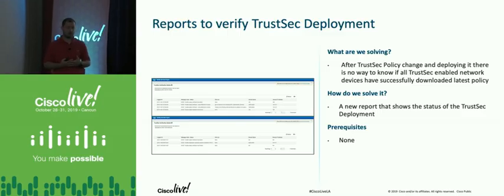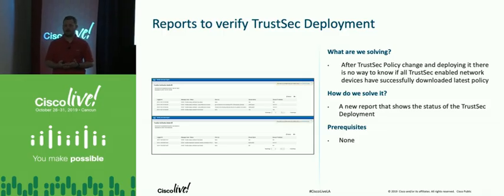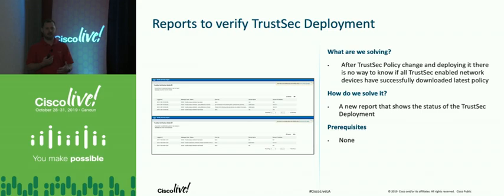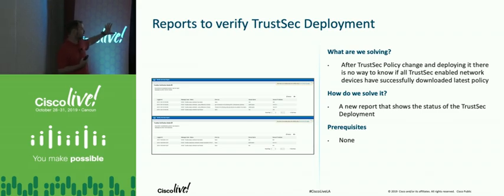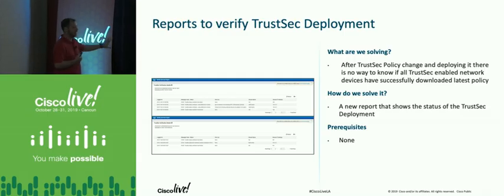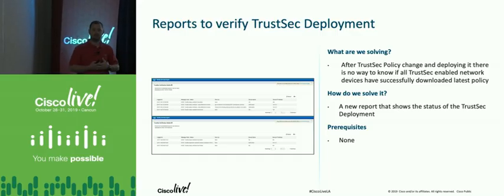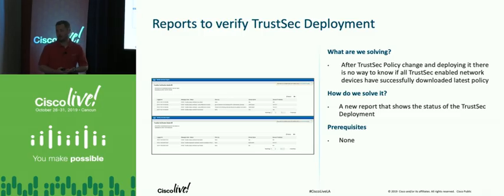This was a pretty big request from a lot of customers: help me understand how that TrustSec or segmentation deployment has gone and verify which NADs have the updated TrustSec matrix for enforcement.